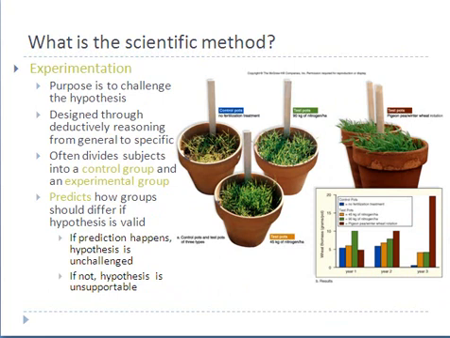In this example, an experiment was carried out looking at the growth of pigeon pea and winter wheat. Pigeon pea grows very well in India and Pakistan and those parts of the world which are more subtropical.